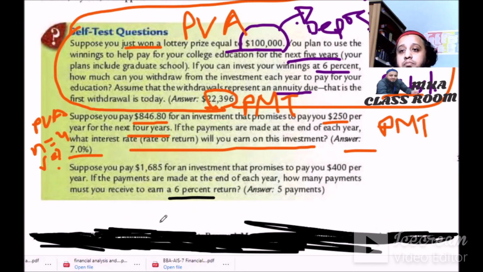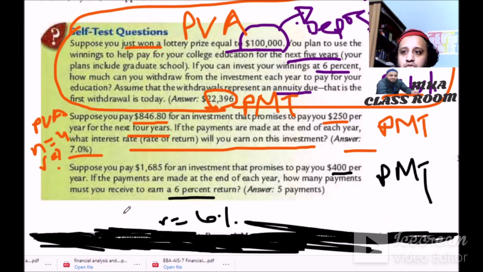That means R equal to 6%, 400 taka per year, that is PMT, and 1,685 is obviously the present value of annuity, PVA.